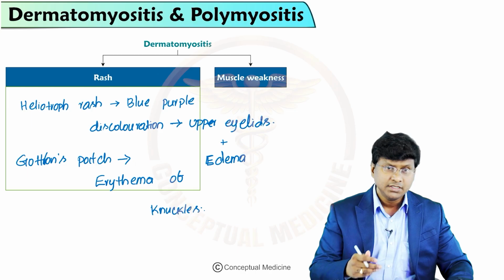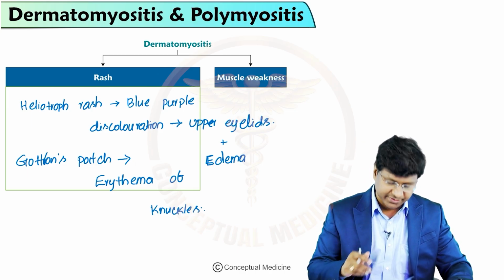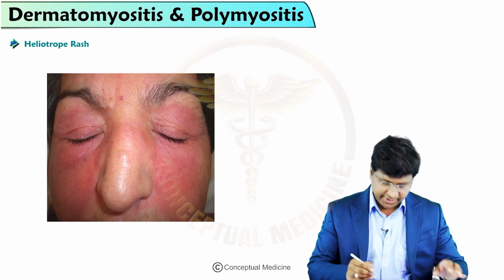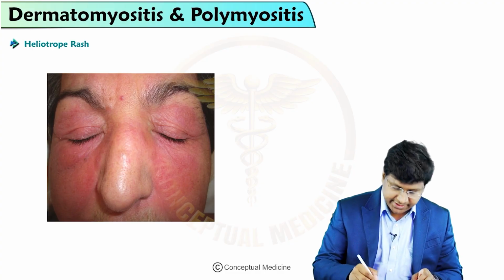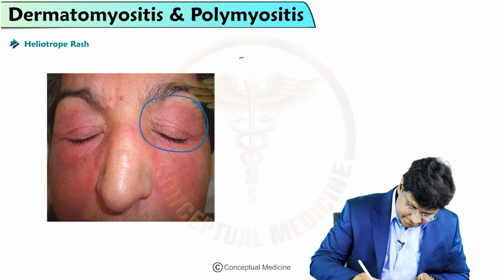Now, apart from that, we have many other dermatological manifestations. Let me discuss them one by one. The first is the heliotrope rash, right? Where all do you have the rash? In the periocular area.